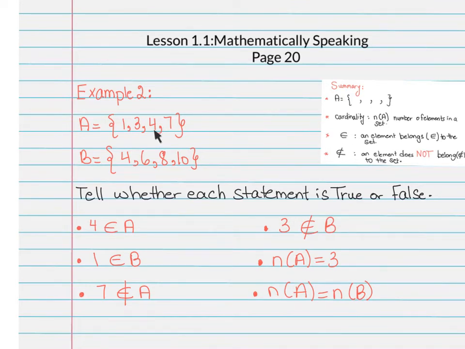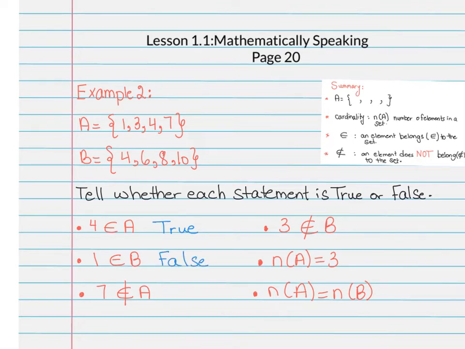Yes, it's true. 4 is in set A, so this statement is true. The second statement, 1 belongs to B. So 1 should be in set B. Let's test it. Can you find 1 in set B? No. So this statement is false.